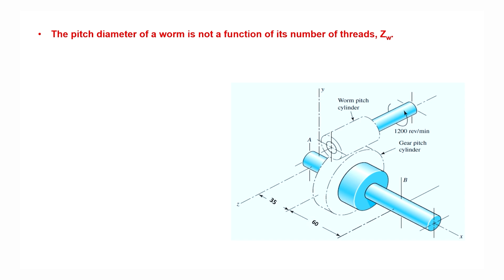Then, the pitch diameter of the worm is not a function of its number of threads ZW. That means the relationship which we had for spur gear, helical gear and bevel gear, that the pitch circle diameter of the gear divided by the pitch circle diameter of the pinion is equal to the number of teeth on the gear divided by the number of teeth on the pinion, is not valid for the case of worm and worm gear.